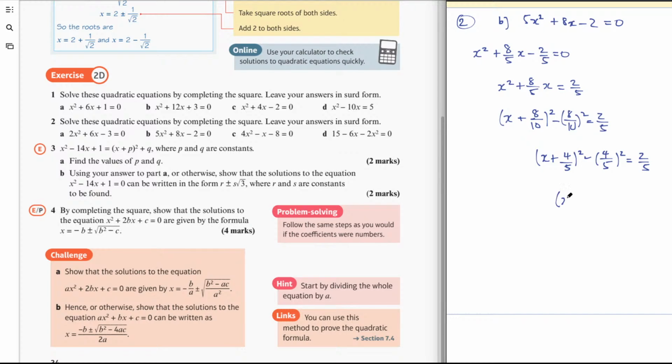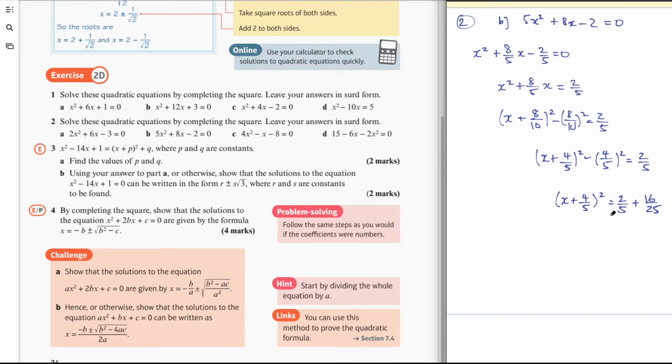And then x plus 4 on 5 all squared equal to, this will be 16 on 25. Well, let's just write the whole thing out. So 2 on 5 plus 16 on 25. To get rid of it on the left hand side, we add to the right hand side.